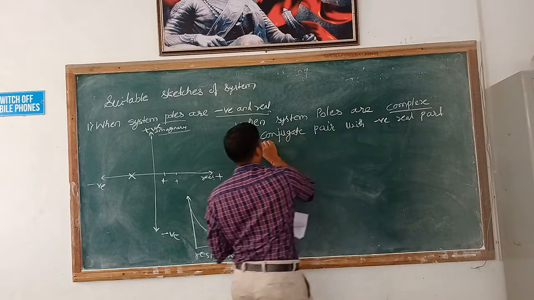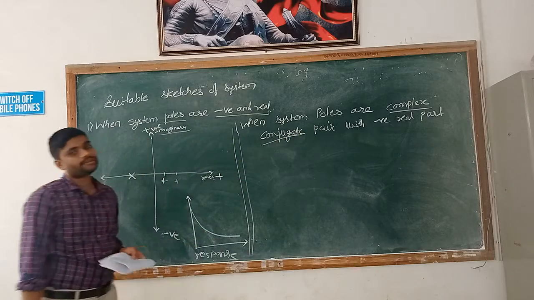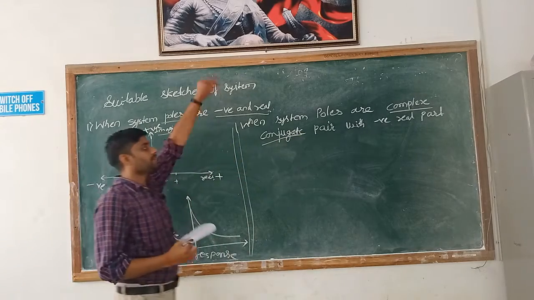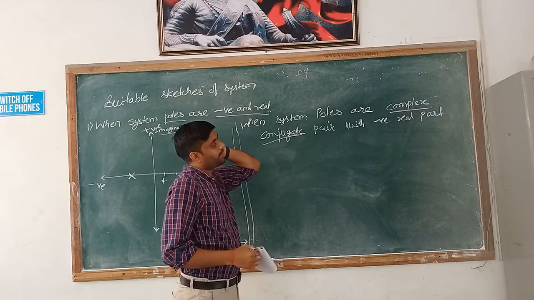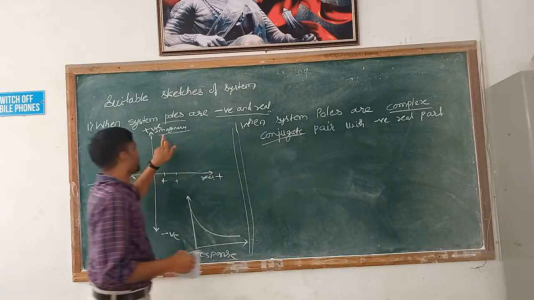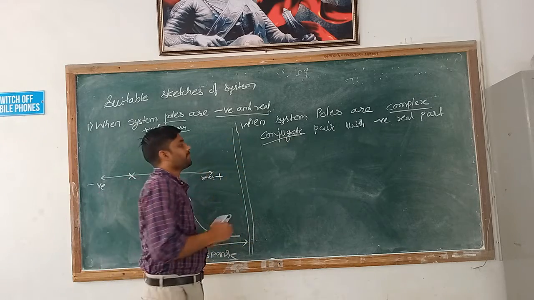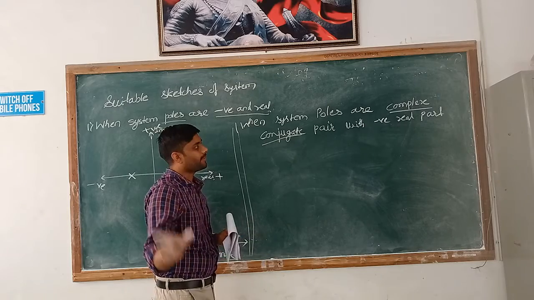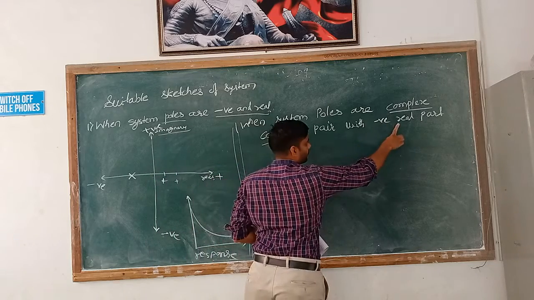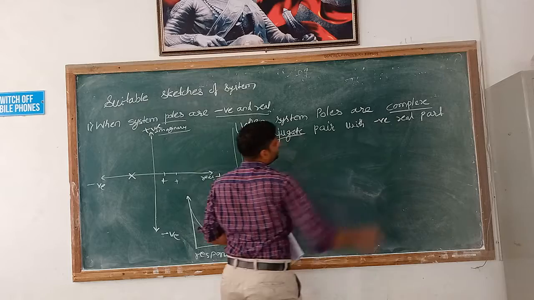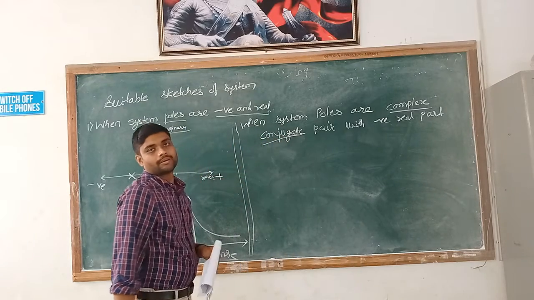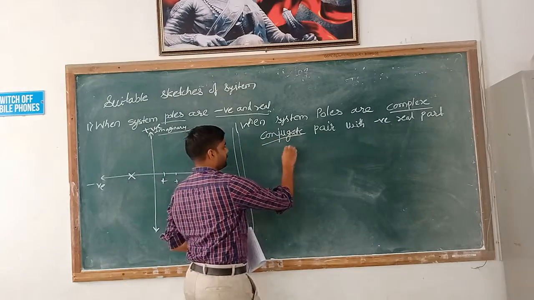As the word complex conjugate is mentioned here, it means our poles have an imaginary part. Complex conjugate means our poles have the combination of a negative real part and an imaginary part.